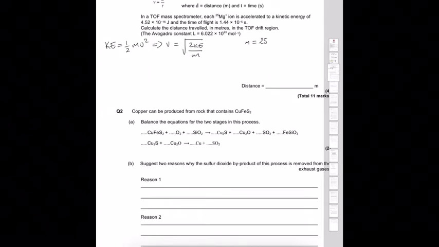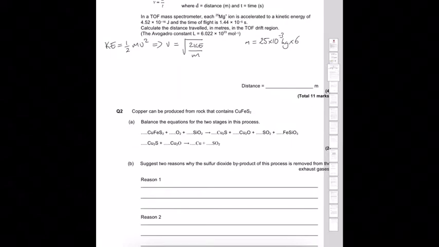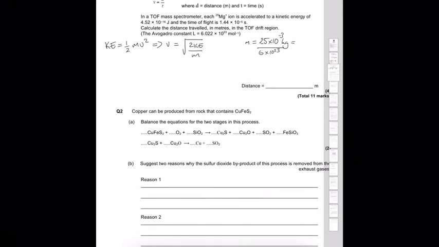So what we need to do is work out the mass, and we've got isotope 25 grams. So let's divide that by 1,000 to get kilograms, and divide by Avogadro's number, which is per mole.